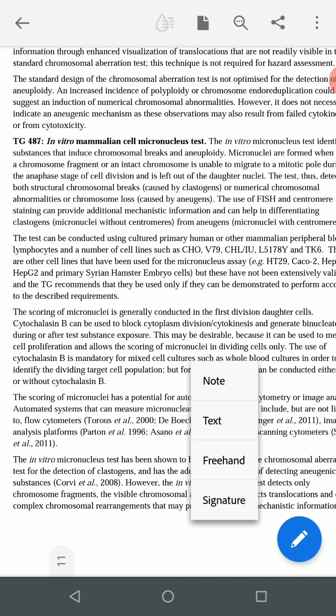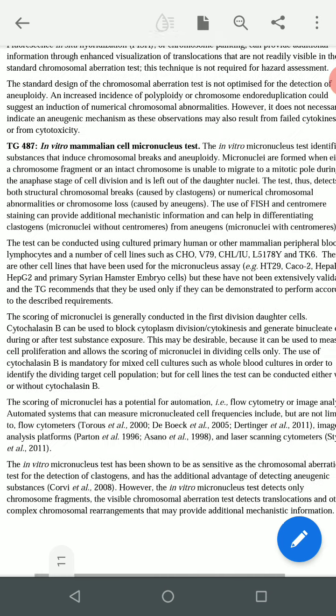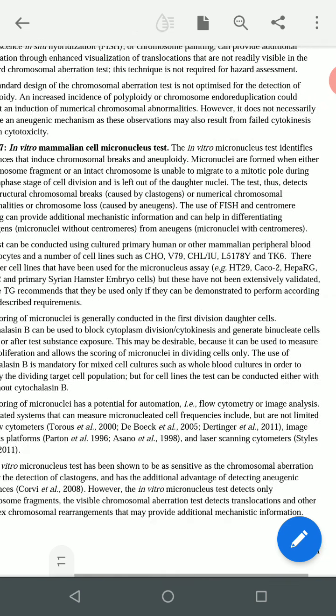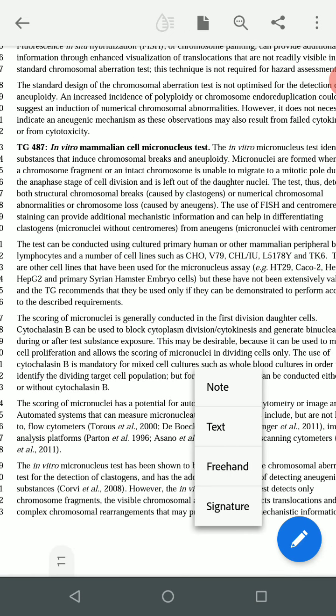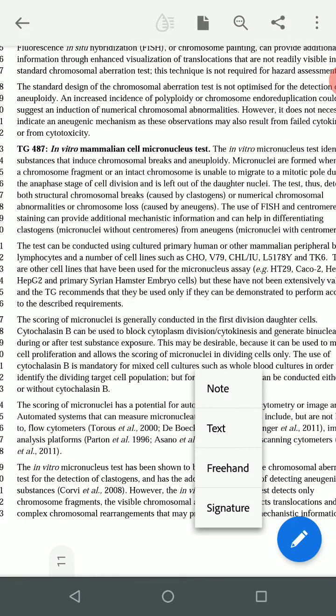There are other cell lines that have been used for micronucleus assays: HT29, Caco-2, HepaRG, HepG2 and primary Syrian hamster embryo cells, but these have not been extensively validated, and the test guideline recommends that they be used only if they can be demonstrated to perform according to the described requirements.